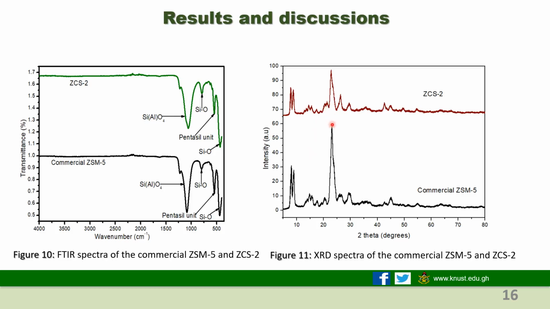The prominent one at 22 to 25 is also present in ZCS2 as it is observed in the commercial ZSM5, indicating that there was indeed the formation of ZSM5 in the ZCS2 sample.